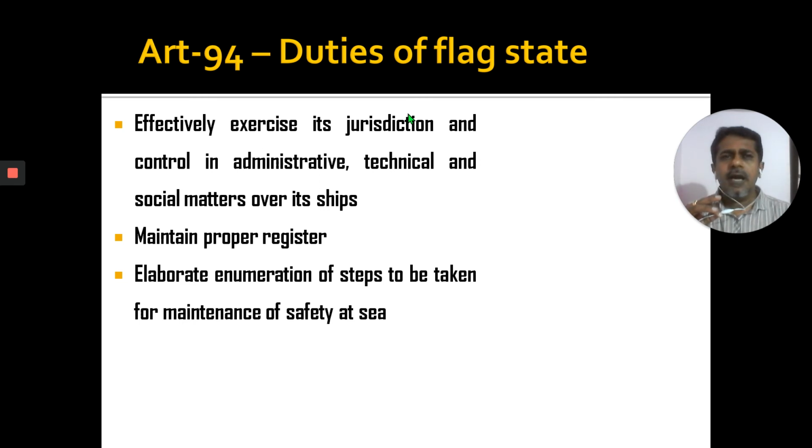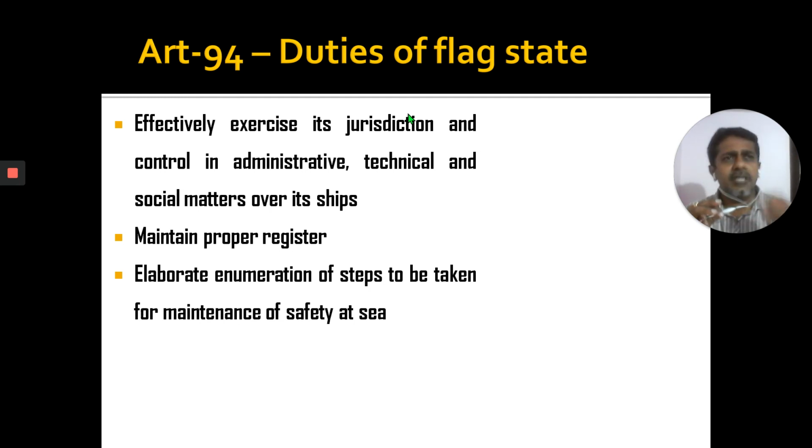Moving further, elaborate enumeration of steps to be taken for maintenance of safety at sea. As I mentioned just now, the seaworthiness of the ship and other safety measures have to be taken for ensuring that the high sea is safe. Elaborate enumeration of steps for maintenance of safety at sea has to be there in the ship.